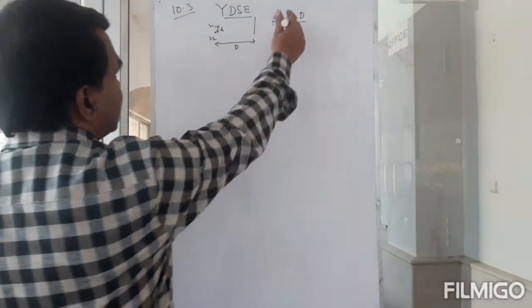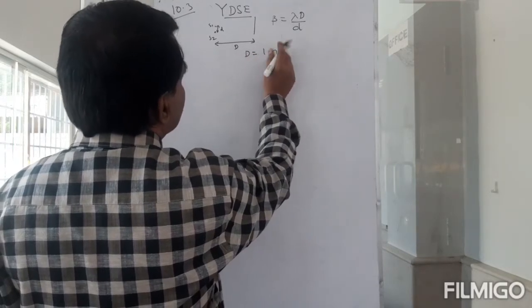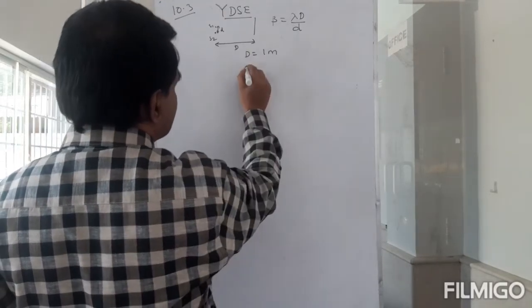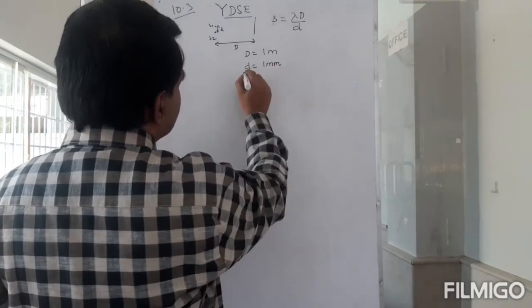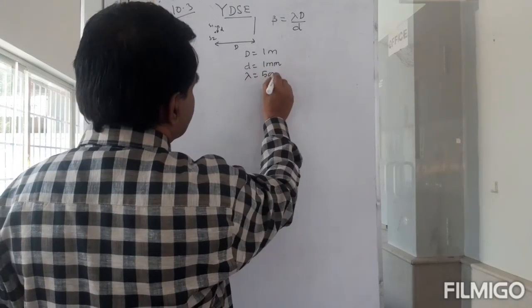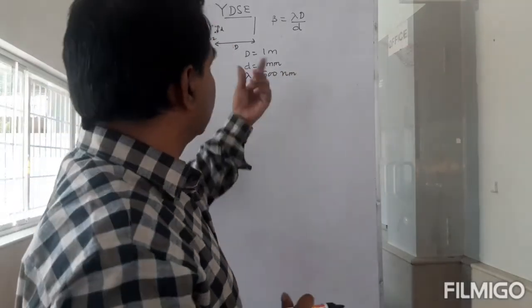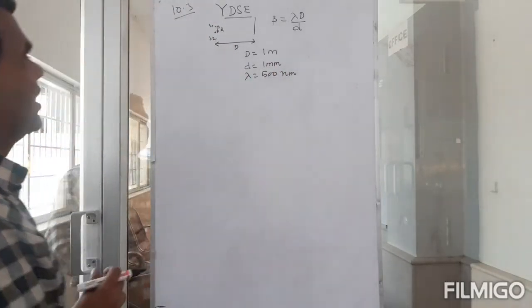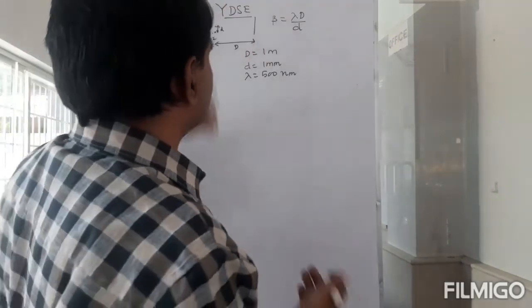They have given that D is 1 meter, the separation between the slits d is 1 millimeter, and lambda is 500 nanometers. Blue-green light is what is used, so you get 500 nanometers. That's the lambda. Okay. So how do you find the bandwidth?